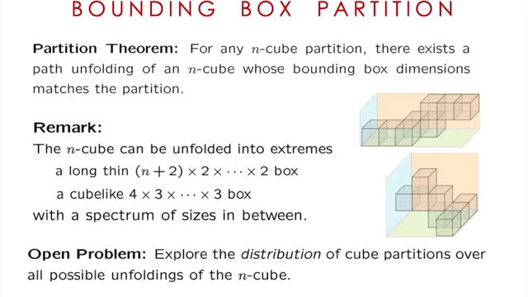And it's an open problem to find out the actual distribution of the cube partitions over all possible unfoldings of the n cube. For the 4-dimensional cube, we saw that there were 4 different partition examples. In which ways do the 261 unfoldings of the 4D cube land in one of those 4 partition examples we saw earlier? It's an open problem.